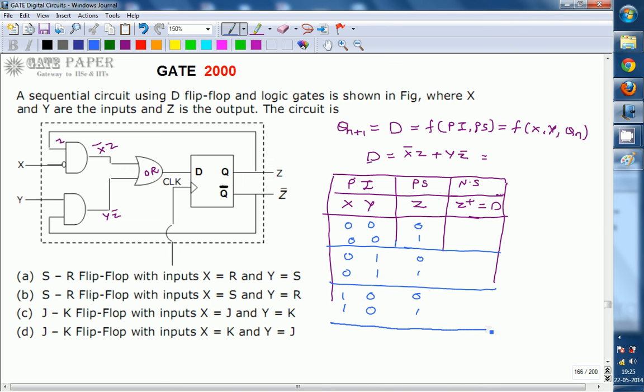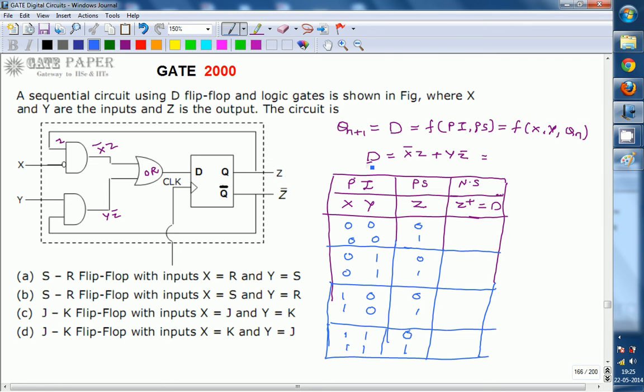These are all the possible combinations of present inputs and present state. The last combination is 1 1, where the present state may be 0 or 1.